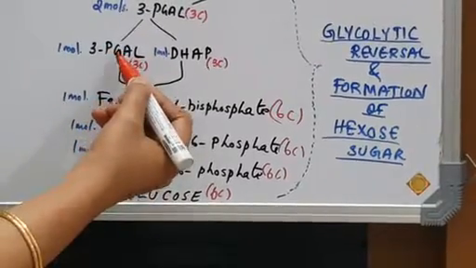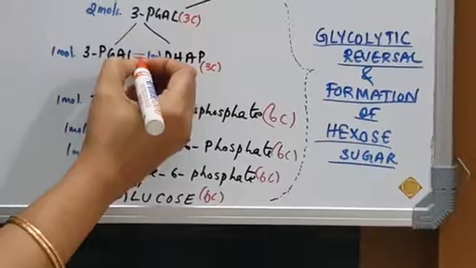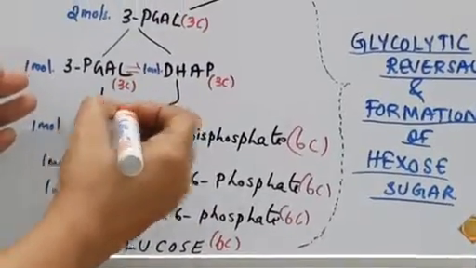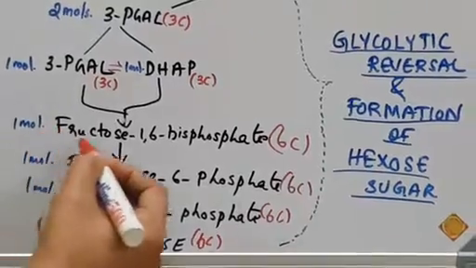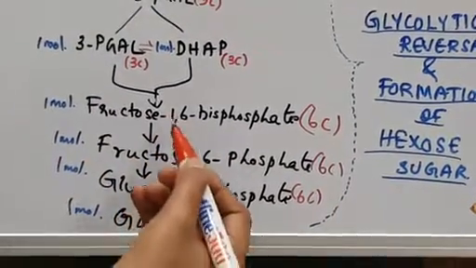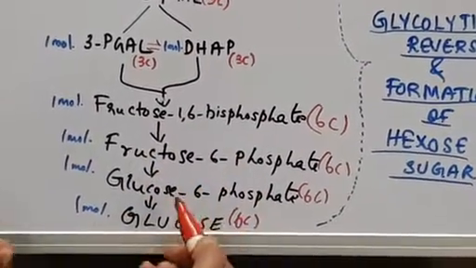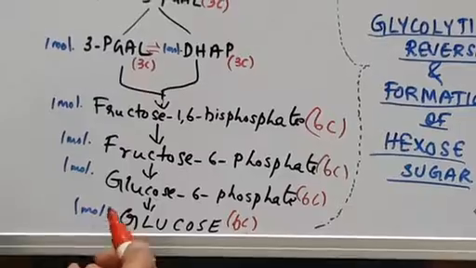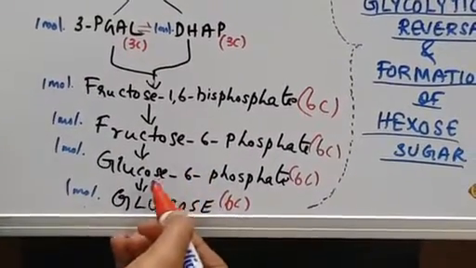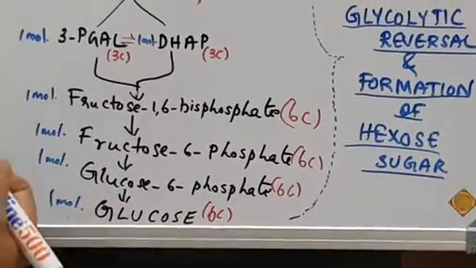One molecule of 3-PGAL and one molecule of DHAP combine with the activity of the aldolase enzyme and form fructose 1,6-bisphosphate, which is then converted to fructose 6-phosphate by the removal of a phosphate group. Then fructose 6-phosphate is soon isomerized to glucose 6-phosphate. Then further activity of phosphatase takes place, and as a result the hexose sugar glucose is formed.